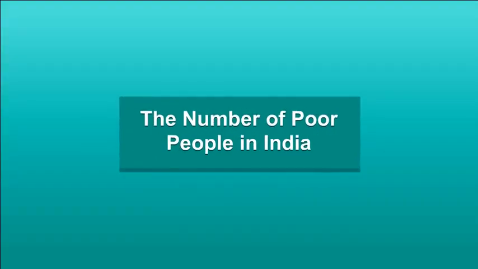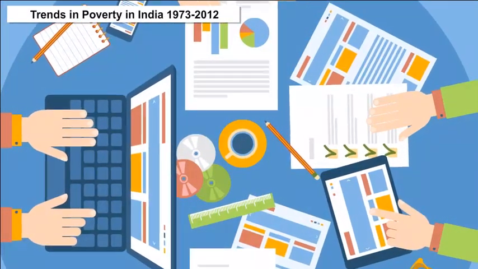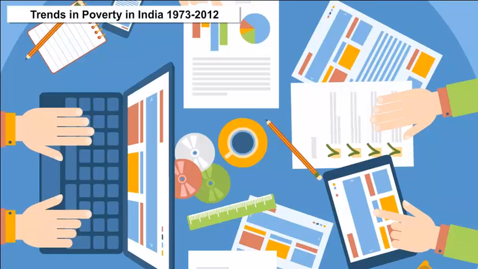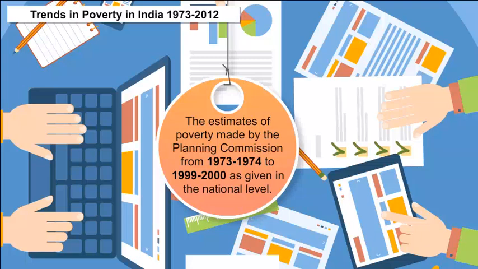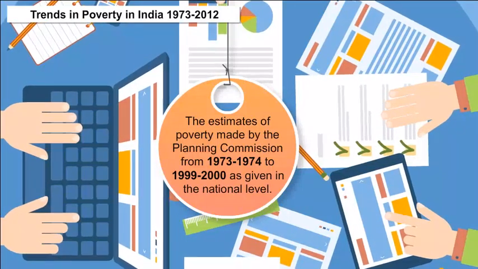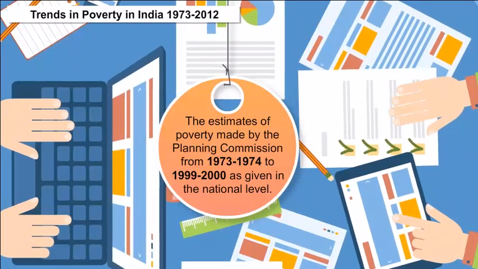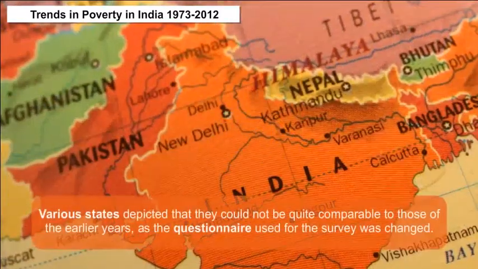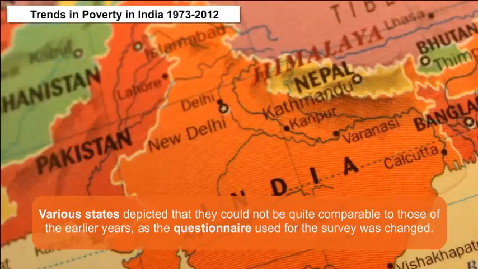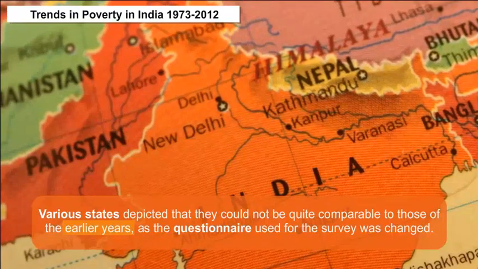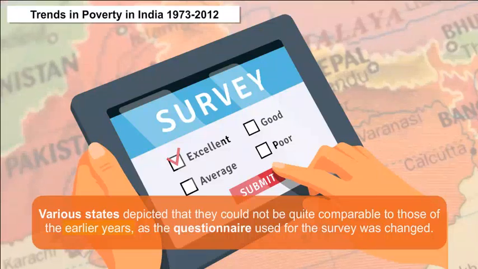The number of poor people in India. Trends in poverty in India, 1973 to 2012. The estimates of poverty made by the Planning Commission from 1973-74 to 1999-2000, as given at the national level and for various states, could not be quite comparable to those of the earlier years, as the questionnaire used for the survey was changed.